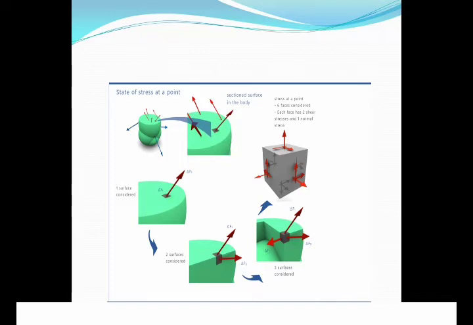If we consider the first surface, we have the normal force F1. If we consider two surfaces, F1 and F2 are the two forces acting perpendicular to each other. And if we consider three surfaces, we get F1, F2, F3, which are in three mutually perpendicular directions.